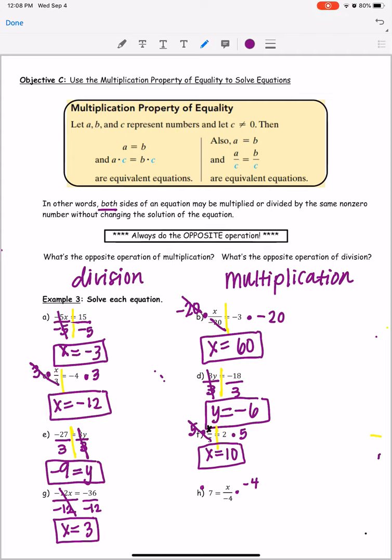So I'm going to multiply this side also by 4. Sorry, negative 4. So over here, negative 4 times 7 gives me a negative 28 equals negative 4 over negative 4 cancel each other out. So we're just left with x.